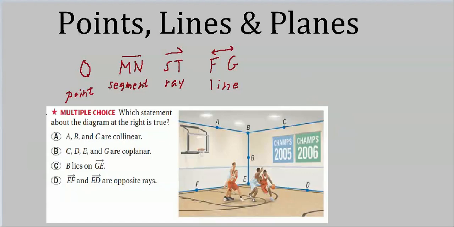However, the fact that they share an endpoint is not enough to guarantee that they actually are opposite rays. Here's a multiple choice problem. Let's see if we can figure out what's going on here. Which statement about this diagram would be true? A, B, and C are collinear. Well, not quite. As you can see, this looks like a wall and a wall here.